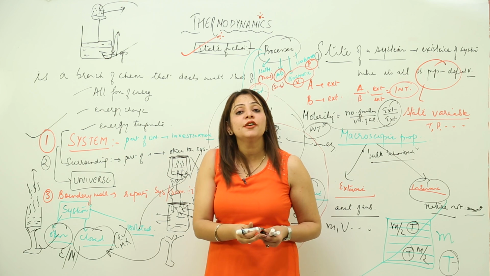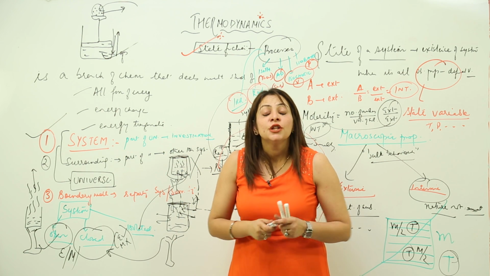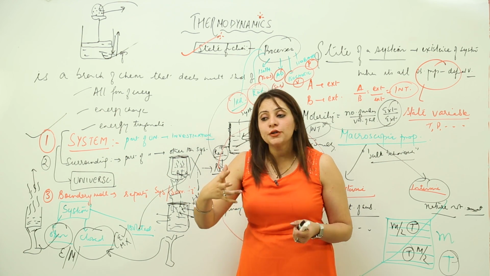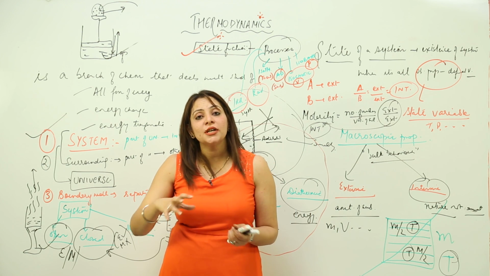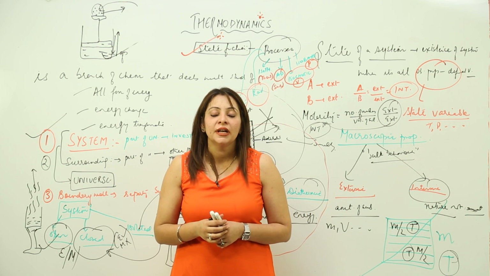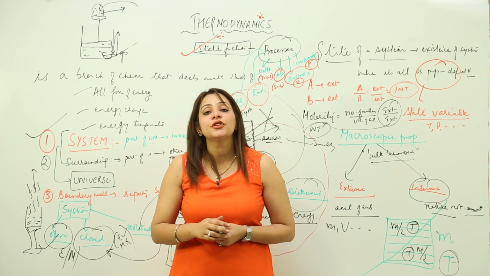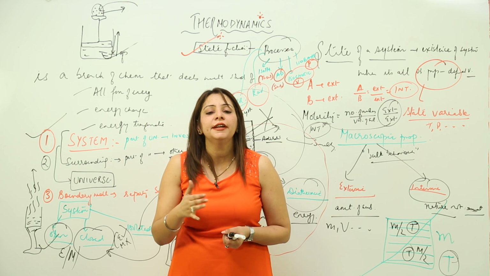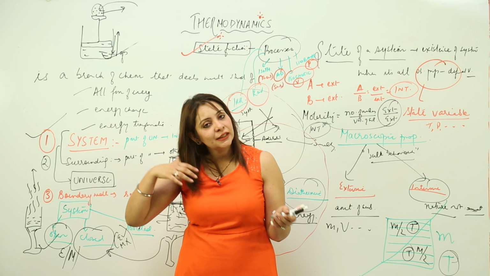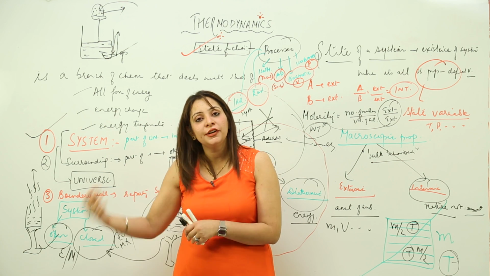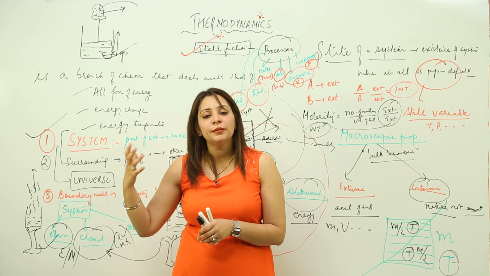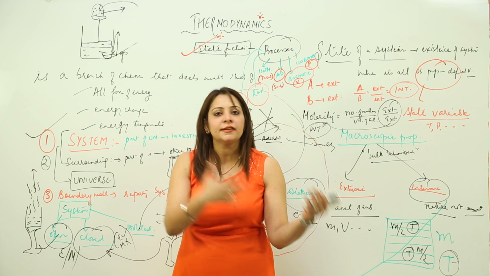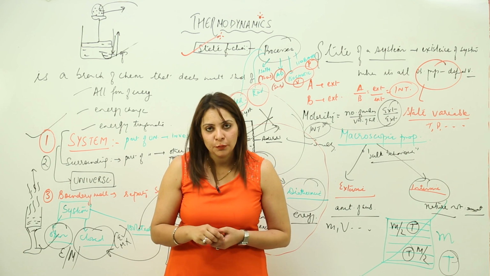So this is the reversible or irreversible process. A reversible process is one in which the process can be reversed under the given set of conditions, and an irreversible process is one which can't be reversed under the given set of conditions. That means once it has happened, we can't reverse it, right? We cannot get the reactant back. So that is an irreversible process.